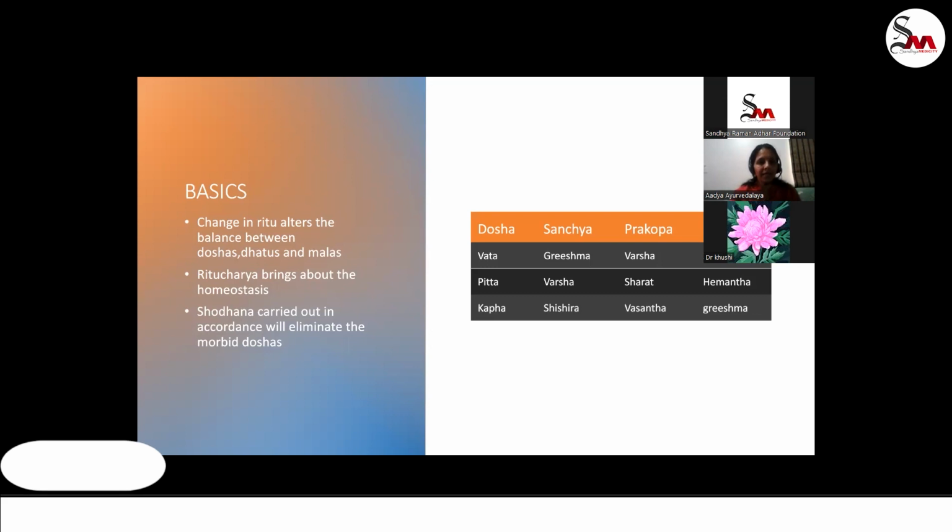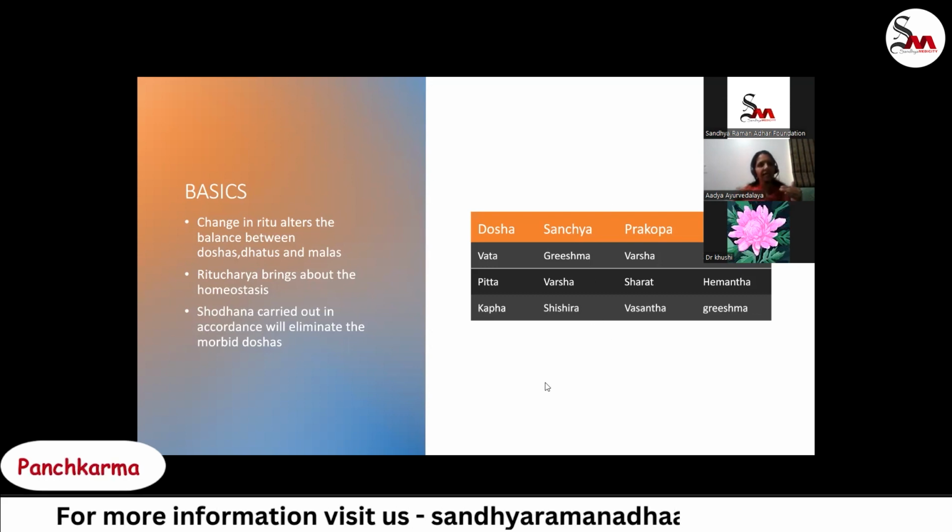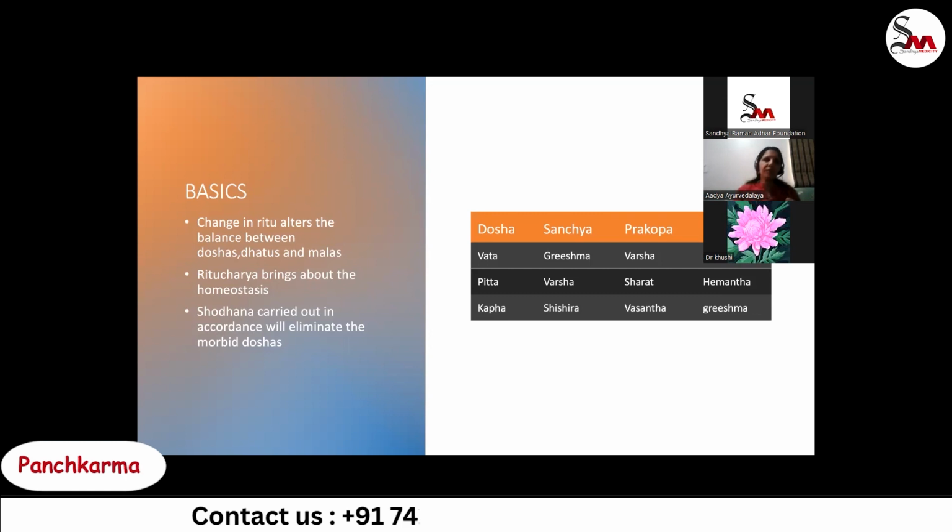So, this table makes it very clear. These three doshas attain Prakopa in particular Ritus: Vata in Varsha, Pitta in Sharad, and Kapha in Vasanta. In the classics it is clearly mentioned that we have to do Basti in Varsha Ritu, Virechana in Sharad Ritu, and Vamana in Vasanta Ritu.